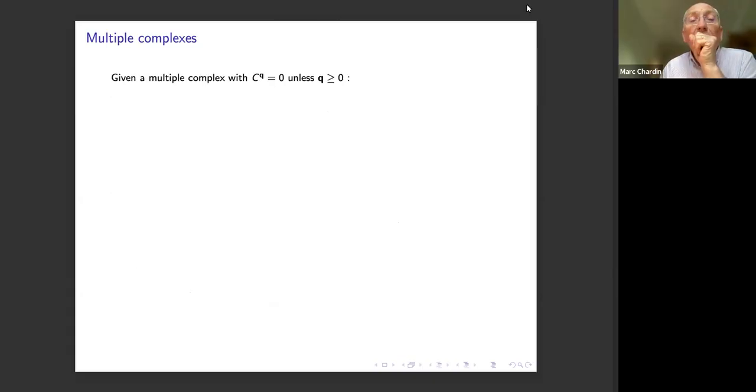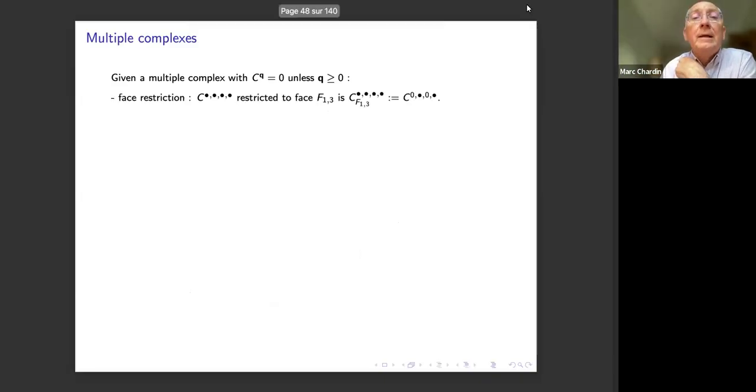I explained it for three, but you can extend to any number. You just ask that when you restrict to other indices, it will be a multiple complex of smaller size. Now, given a multiple complex, I will take one in the positive quadrant: I assume that C^Q is 0 unless Q is non-negative, meaning that each Q_i is non-negative. Then you can look at what we call face restriction.